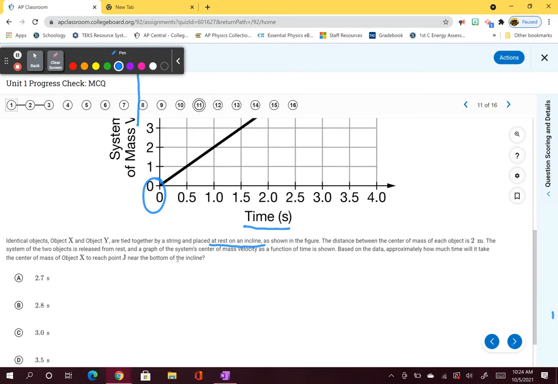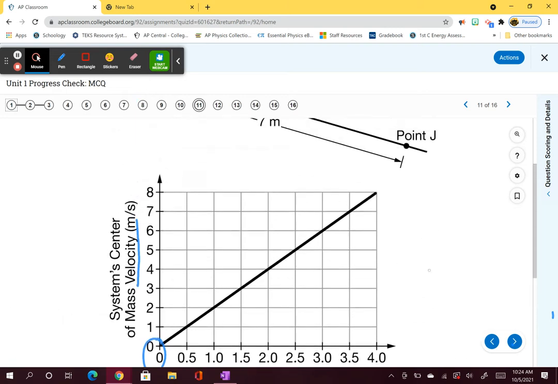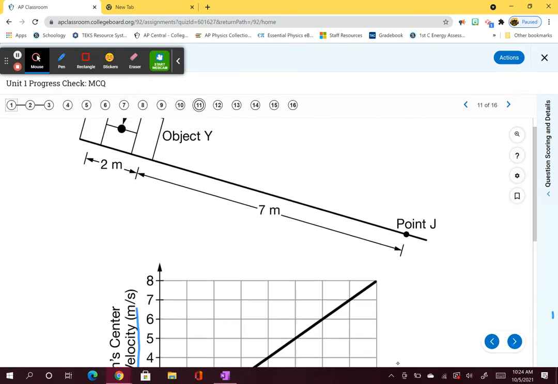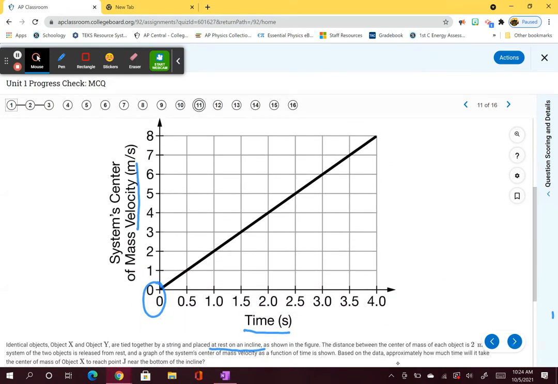Okay, so it gives us the information for the center of mass. So it says the center of mass will hit point J at 4 seconds. That's what the graph's showing.